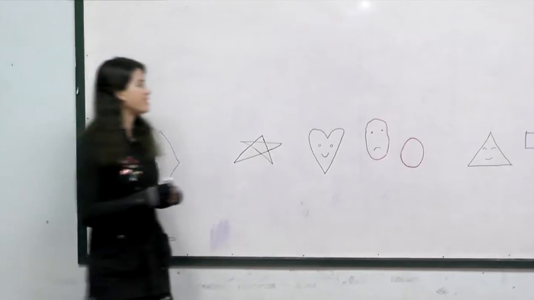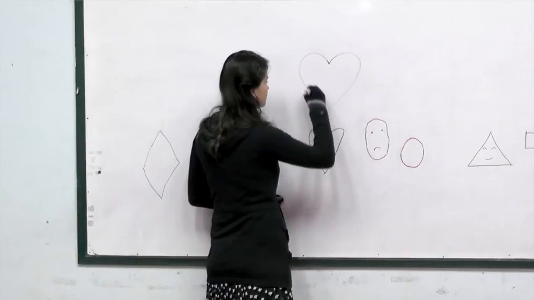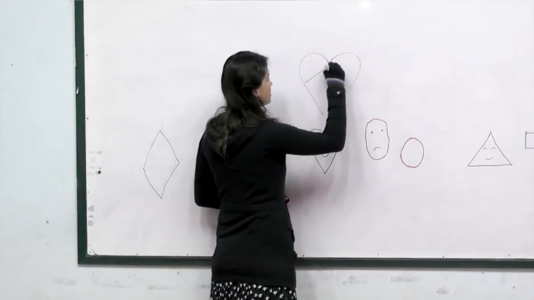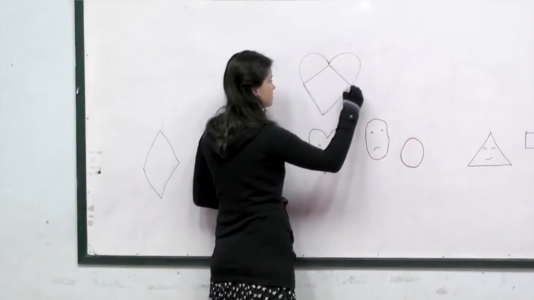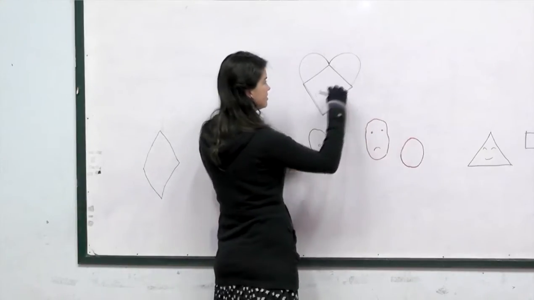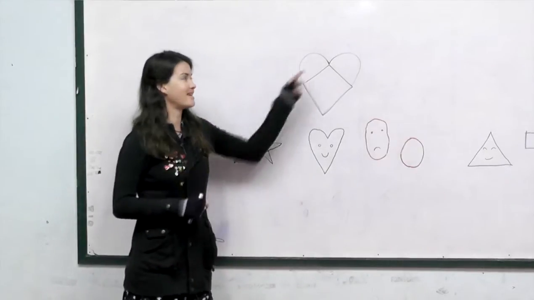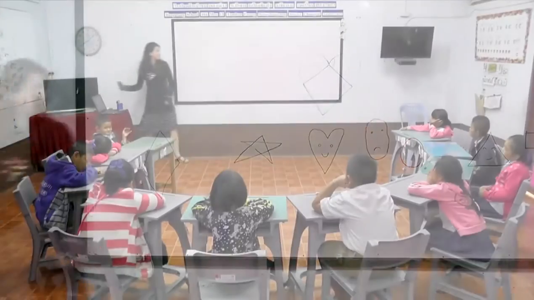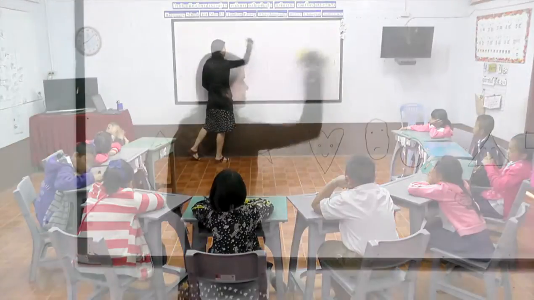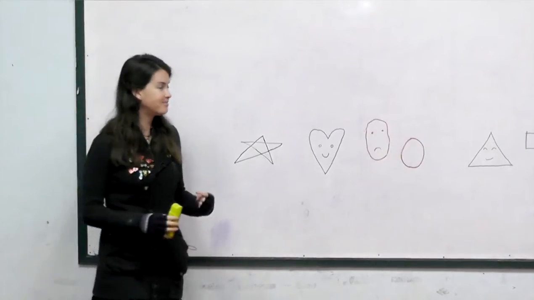If we have a heart, we could even draw a square or a diamond. And we've got two circles. We could put those together and make a heart. So we have a lot of different kinds of shapes here. We've got different shapes all over our classroom.